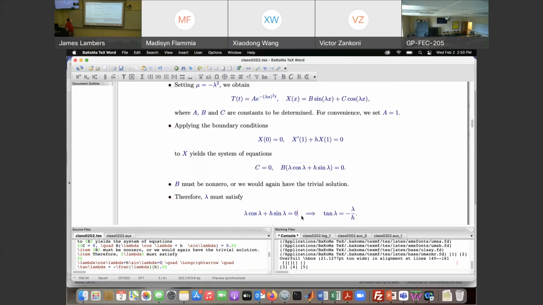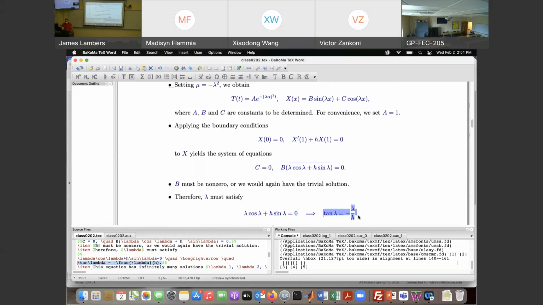Now, up to this point, this example has proceeded much like other separation of variables examples. Until now, because we like to take this equation, where h is a given constant, and solve it for lambda. But we cannot. You can try all the algebraic and trigonometric tricks you know.